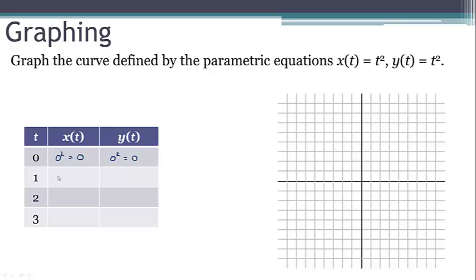When t is 1, x of t is 1, and y of t is also 1. 2 gives us 4 and 4, and 3 gives us 9 and 9.